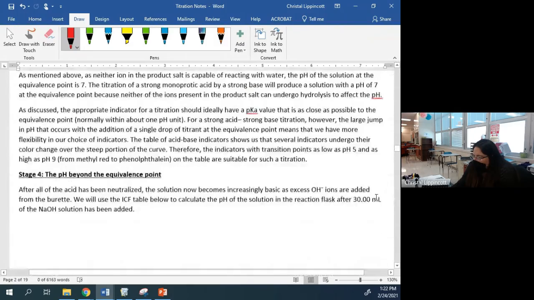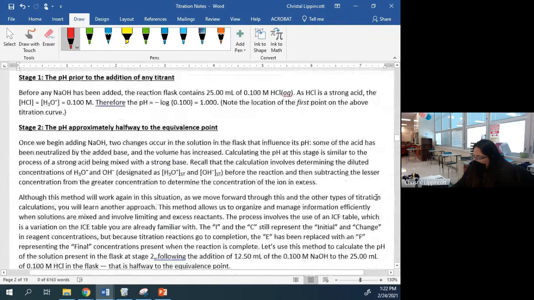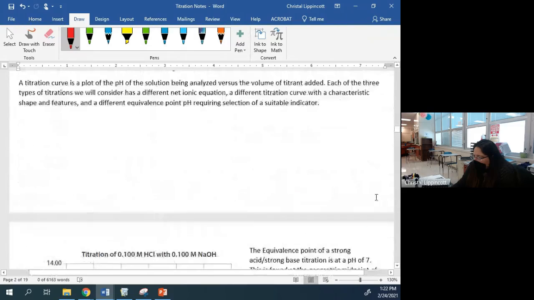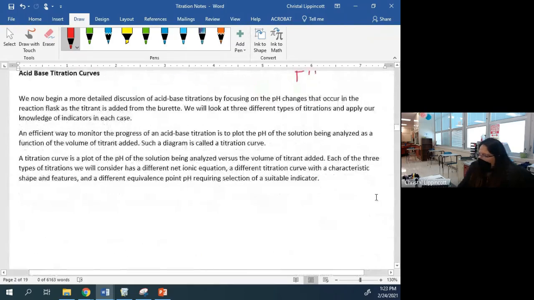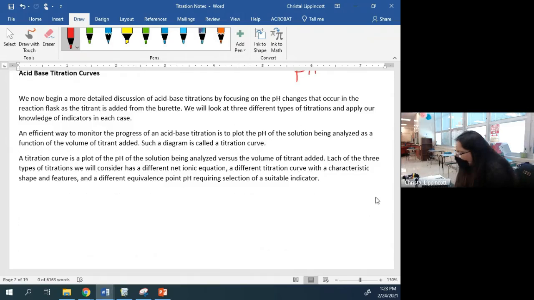Okay, acid-base curve titrations is where I need to be right now. Here we go. So we're going to look at these more detailed things and what's going on with them. Those are called titration curves. That's what you're going to create in your lab when you come in next, okay? And we can do a plot of the pH.